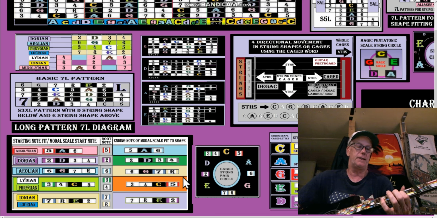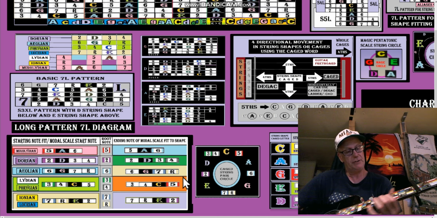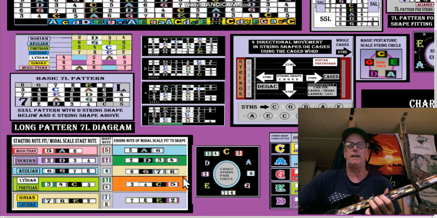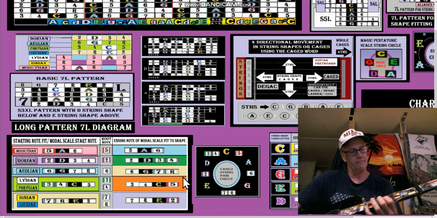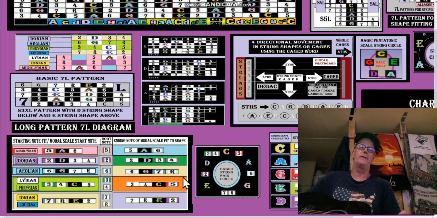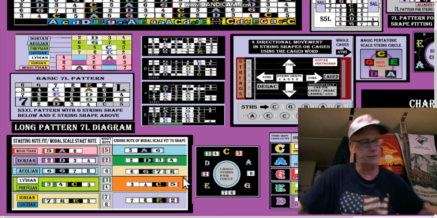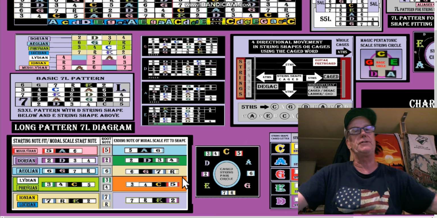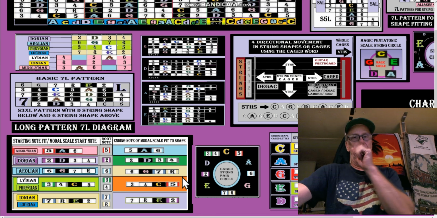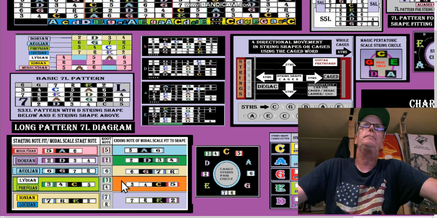We went to that G shape there. Okay, because G goes to E shape, or we could go up from E. E goes to D encaged. So it's 2, 3, 4. You know, that kind of thing. So we've got the 4 directions in the string shapes themselves. That's why they're so valuable.